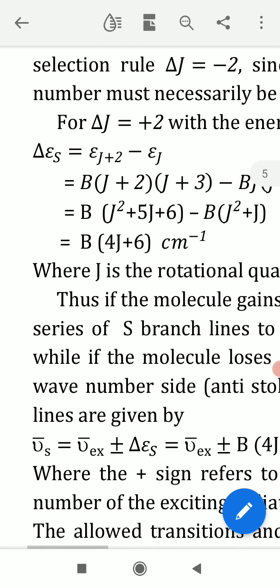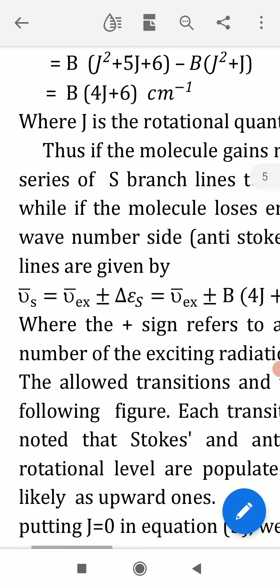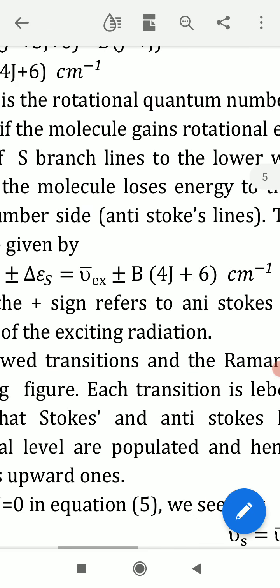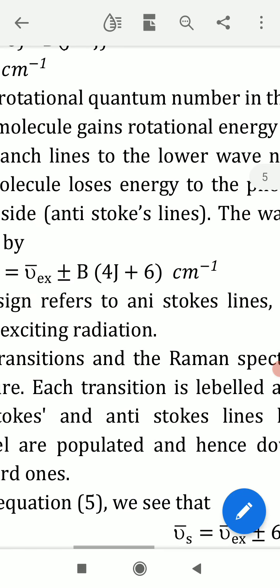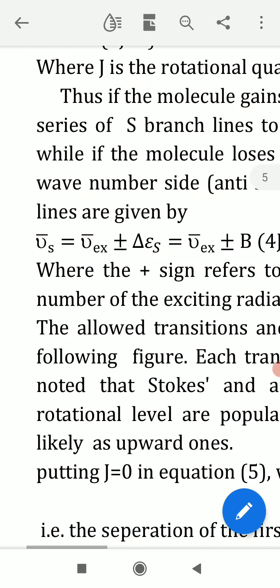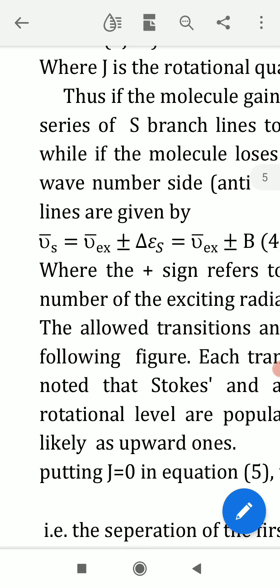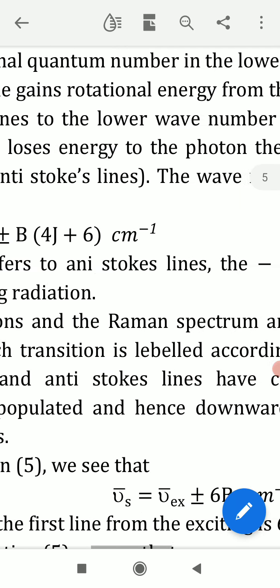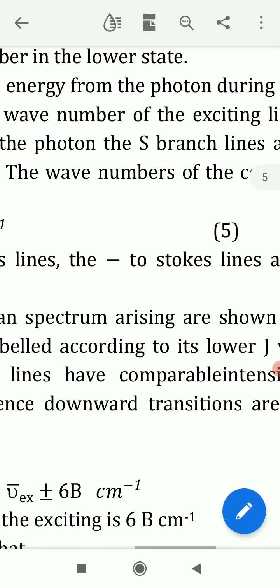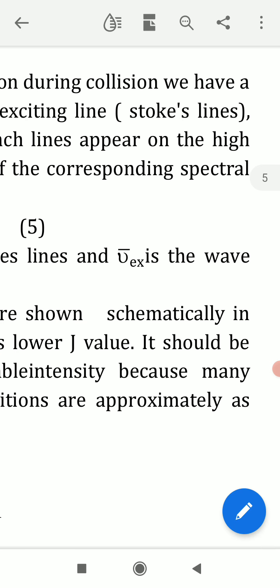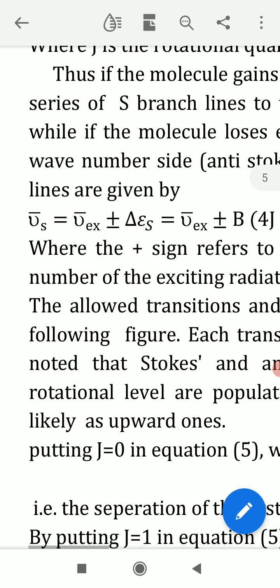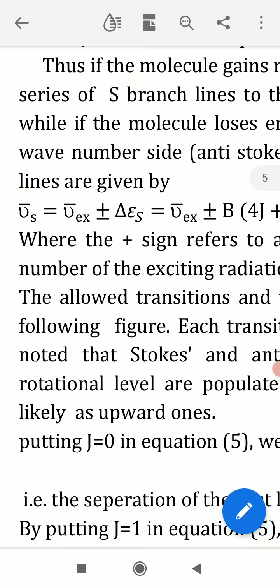Delta Es we have found equal to B into (4j plus 6). So nu S bar will be equal to nu Ex bar plus minus B (4j plus 6). Unit is centimeter inverse for wave number, where the positive sign refers to anti-Stokes lines and the negative to Stokes lines, and nu Ex bar is the wave number of exciting radiation, that is of incident radiation.